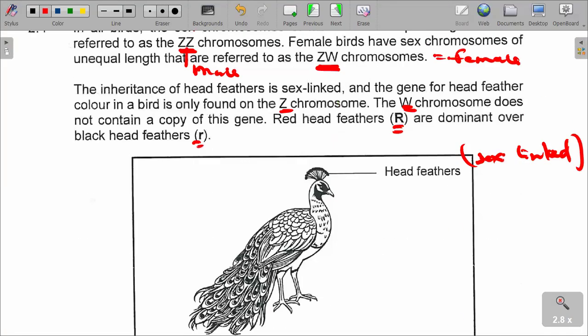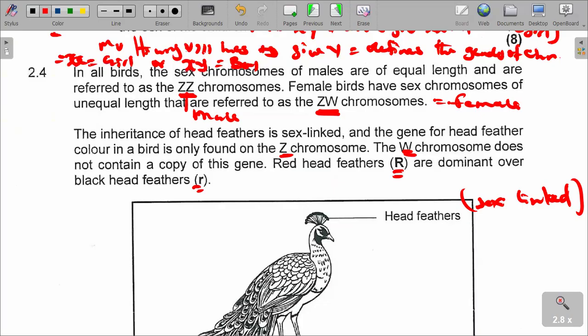We are given that head feather color in birds is only found on the Z chromosome. We are also given that in all birds, the sex chromosomes of males are of equal length and are referred to as ZZ.